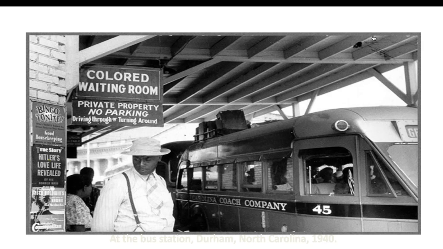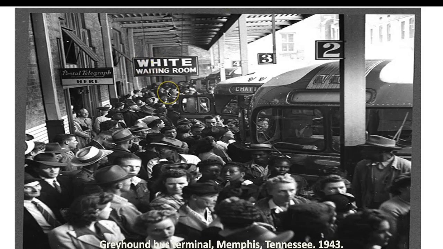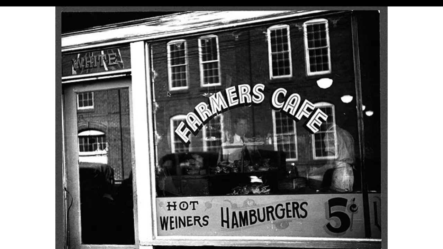And Jim Crow was a very subversive and horrific system that was put in place that subjugated African Americans to white Americans in the South and all over the nation. So you've probably seen iconic images of the segregation, the black waiting room versus the white waiting room. All right.